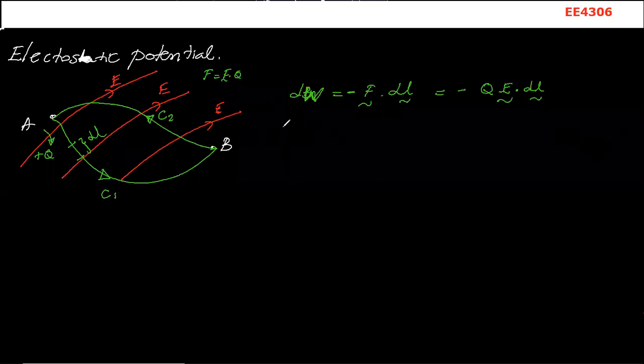Therefore, the total work done by this external agent when you move this point charge from point A to point B, you can write down W equal minus Q into the line integration from A to B of E into dl.